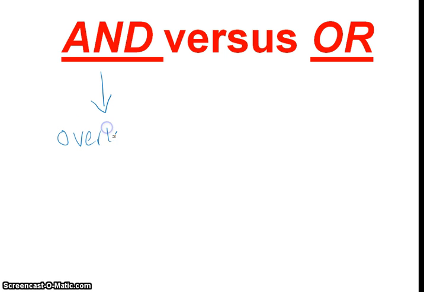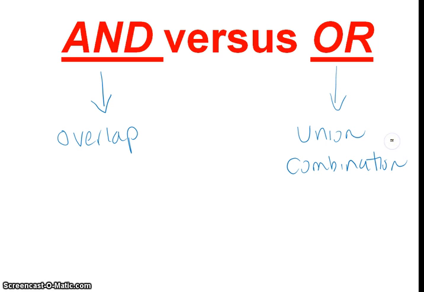It has to be something that meets all of the criteria, whereas or was more of a union. It is the combination of everything. So whereas and is exclusive, it has to be both. It must be both. For or, it can be either or both.